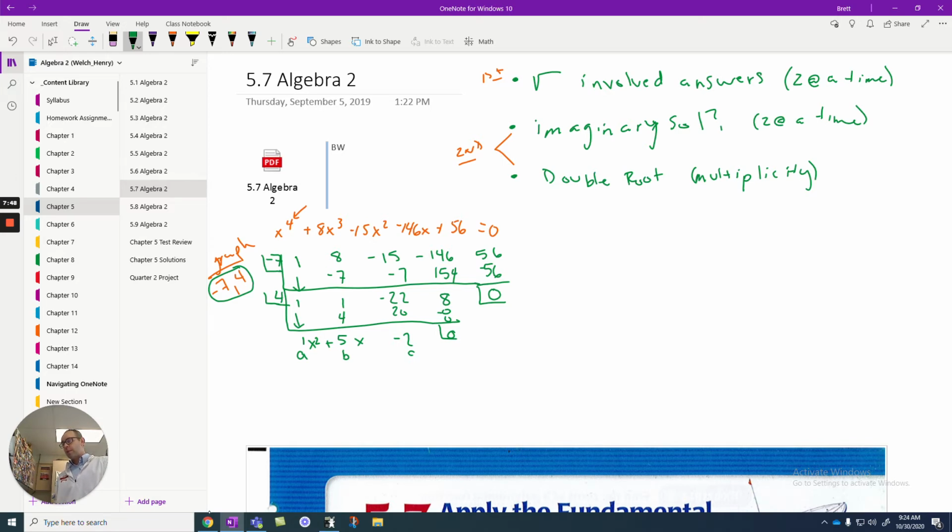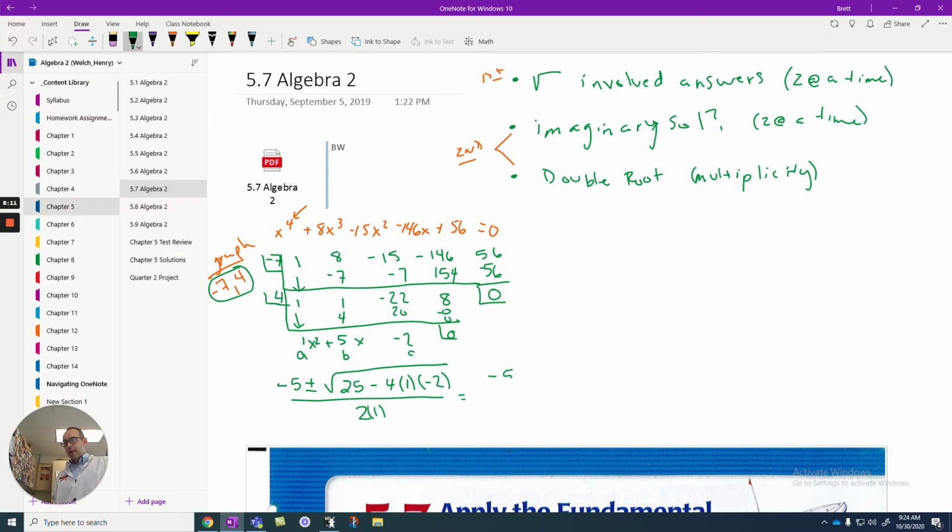The quadratic formula is negative b, be negative 5, plus or minus the square root of b squared. That's 5 squared, which is 25, minus 4 times a, which is 1, times c, which is negative 2, all divided by 2 times a, which is 1.